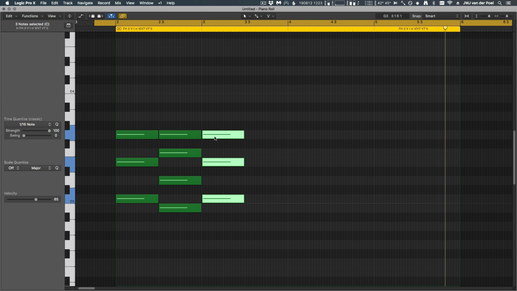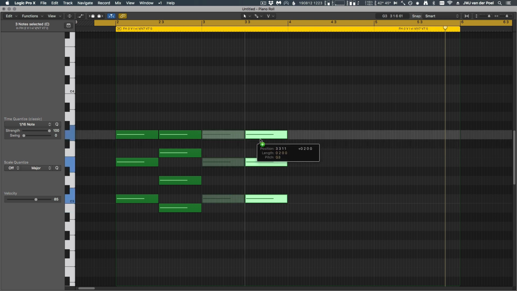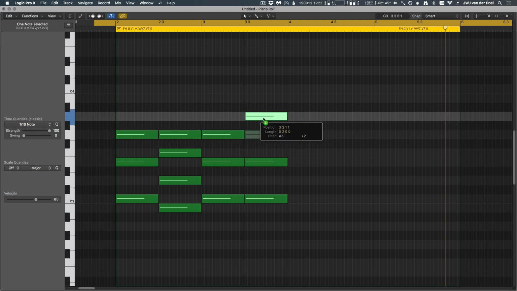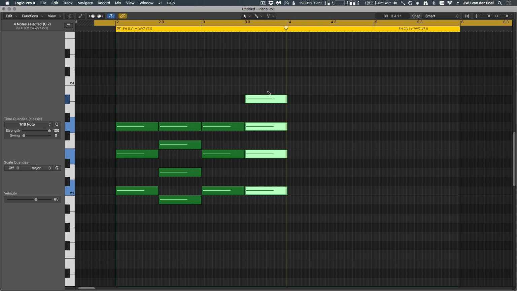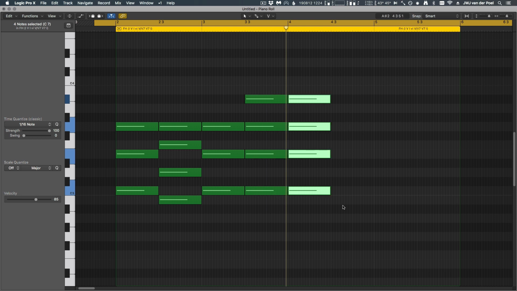So let's say we have this C major chord here, and we're adding a minor 7 to make this a dominant chord. We could then use that to go to the F in this case, because C is the 5th of F. I hope by now this is starting to make a little bit more sense.